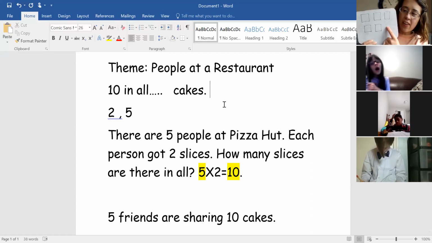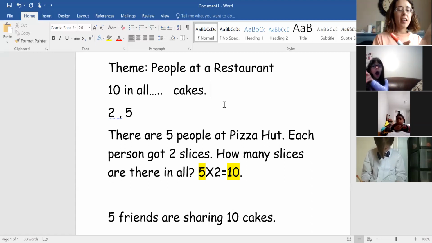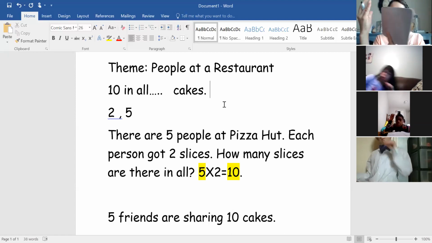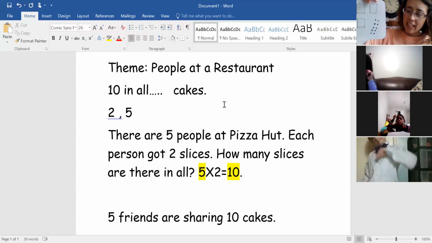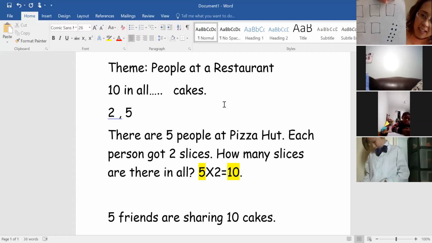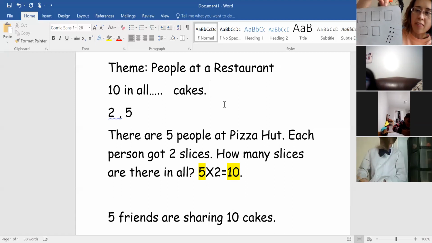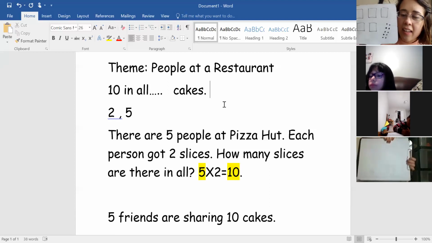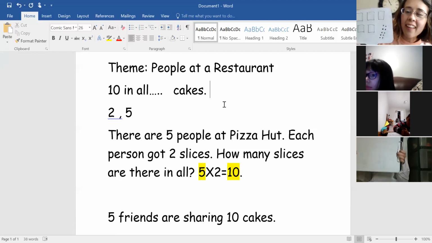So you can draw 5 squares for your 5 friends, and then down in the corner, draw 10 little circles to be your 10 cakes in all. So 10 circles? Yes. So our friends are 5 squares and then 10 little circles. I added decorations on my cake. That's all right, I love it.